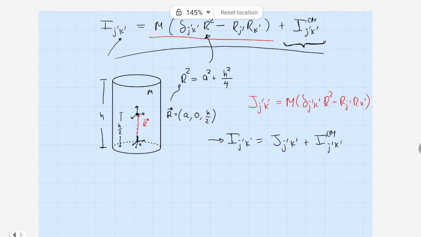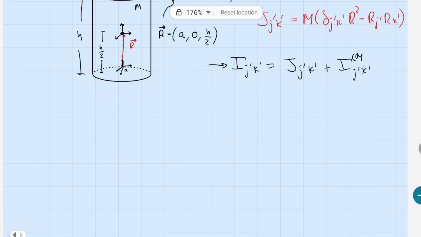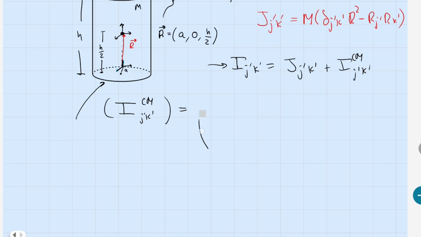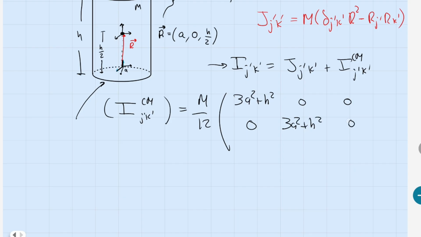Remember that in the video where we calculated the tensor associated with this cylinder, we found that the inertia tensor of the center of mass is defined in matrix notation as m divided by 12 times: 3a squared plus h squared, 0, 0; 0, the same thing here, 0; 0, 0, 6a squared.